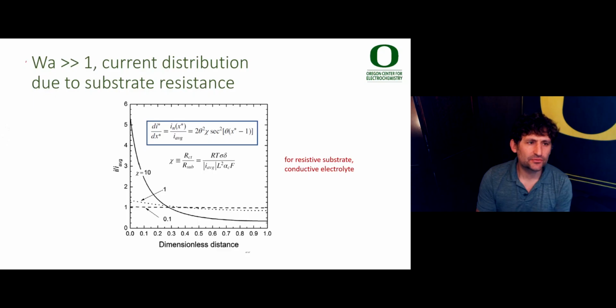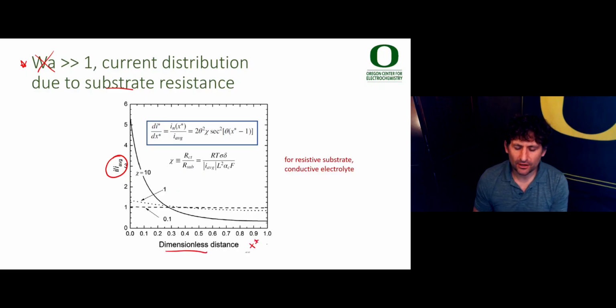Let's go back to the case where WA is much greater than 1, so we can ignore the electrolyte resistance. And the current distribution is just due to the substrate resistance. So you can go through and solve the differential equation. And when you do that, you can get a plot of I over I average as a function of the dimensionless distance.